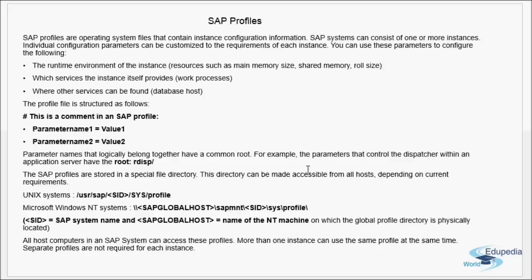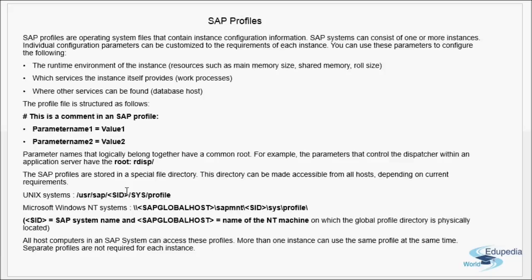The SAP profiles are stored in a special file directory. This directory can be made accessible from all hosts depending on current requirements. So a profile is an operating system file, and these are specially stored in one directory. In a Unix system, the directory is /usr/sap/SID/SYS/profile, where SID is the three-character name of the SAP system.